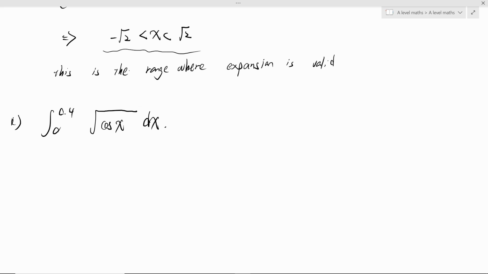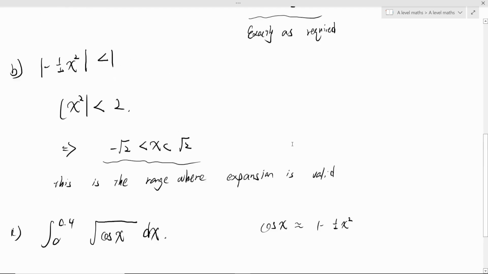If you remember small angle approximations, cos x is roughly 1 minus half x squared. So you can rewrite it as the integral of square root of 1 minus half x squared dx, roughly equal to.